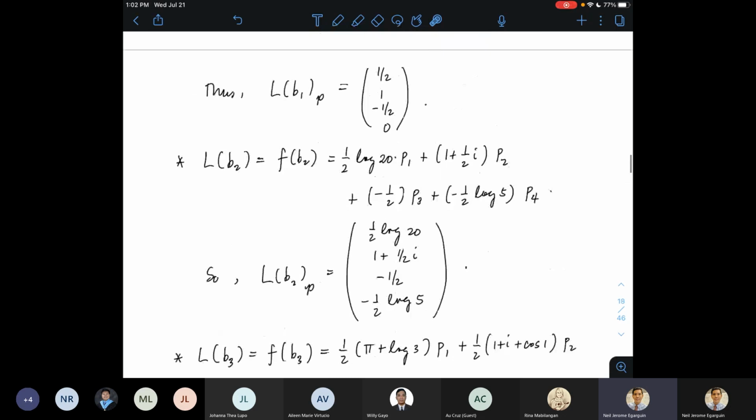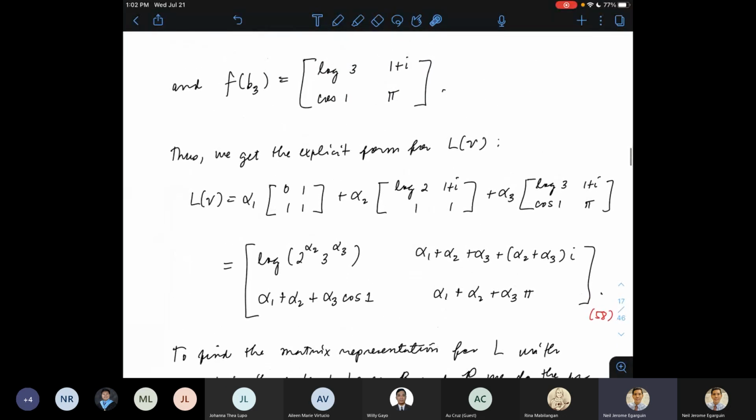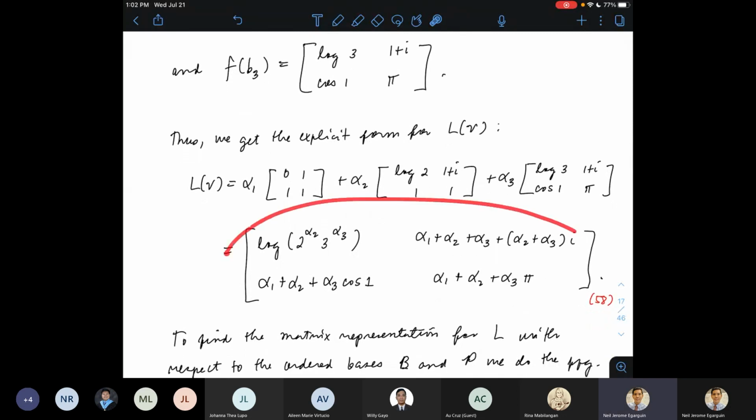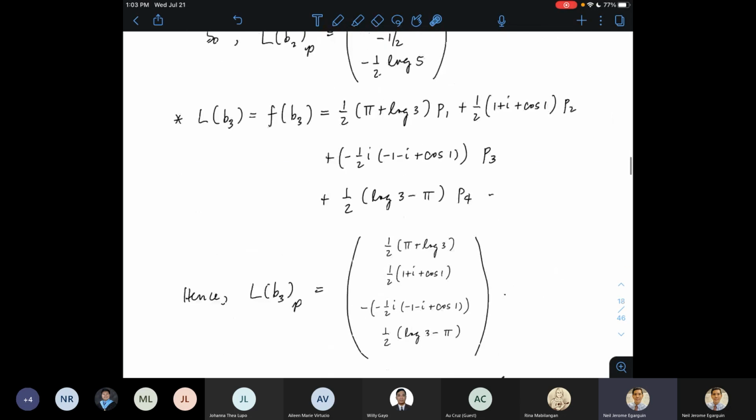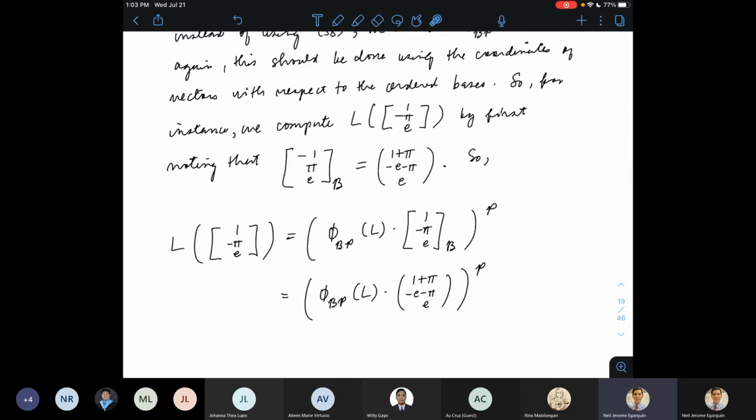And I think the definition of L is in equation 58. So we simply need to plug in the coordinates alpha 1, alpha 2, and alpha 3 of V, the given vector V, into equation 58 to get the image matrix. Right? Pero suppose I don't want to do that, I'll use the matrix representation.